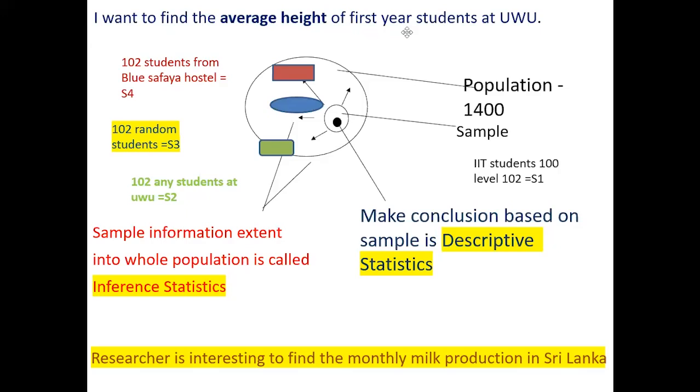When you look at the previous problem, I wanted to measure the average height of first year students. In that case, I collect the information from the students. Those who are in the first year, that is my object. Right? Then think about from whom I get the measurement.